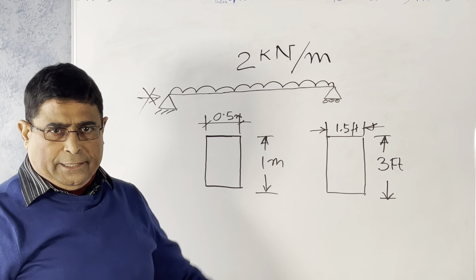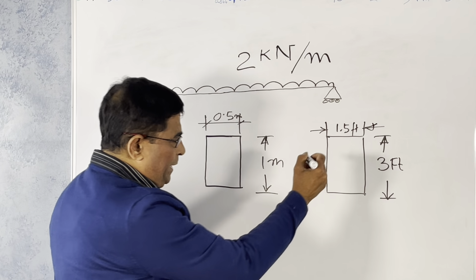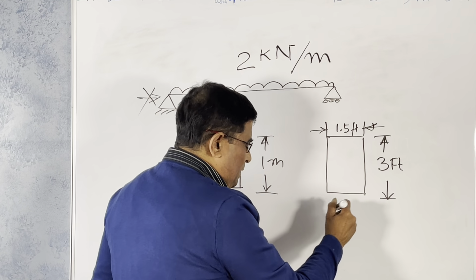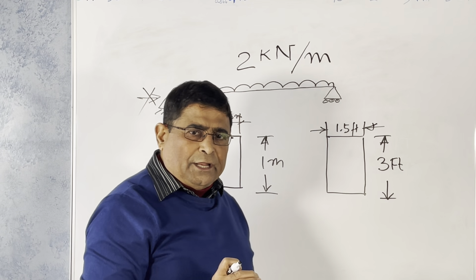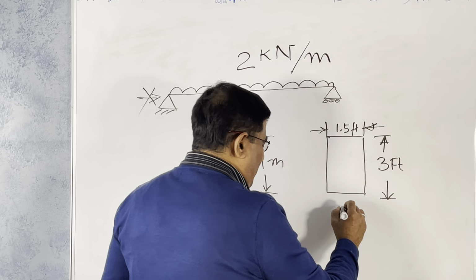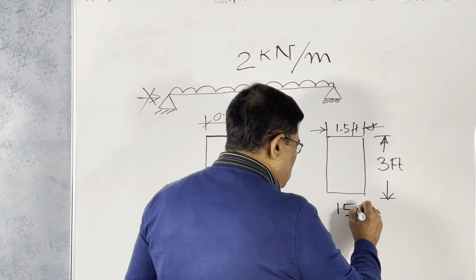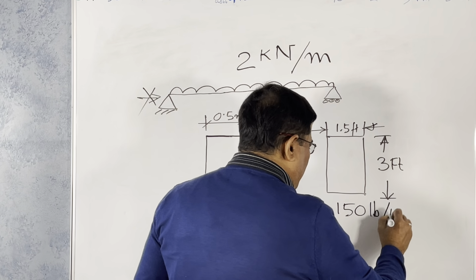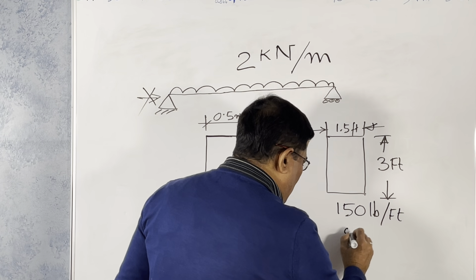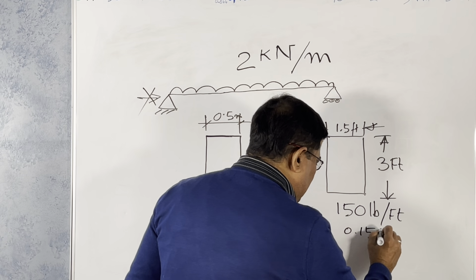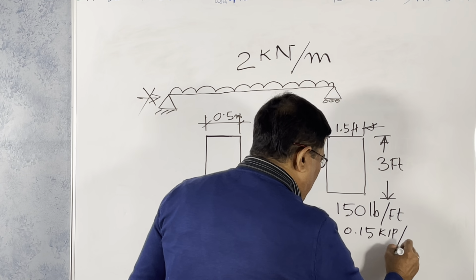This is say concrete. So the unit weight, that means the weight of concrete, in the American system is 150 pound per feet cube, or 0.15 kip per feet cube.